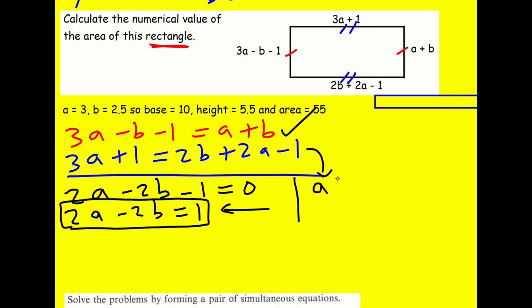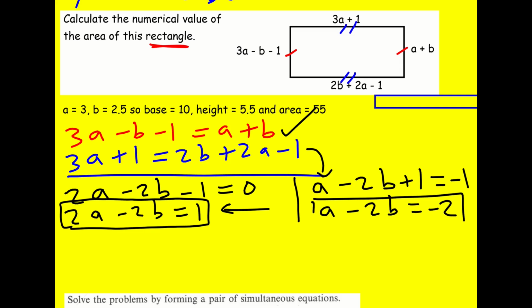So that's going to give me a minus 2b plus 1 equals minus 1. To finish this off, I'm going to write a minus 2b equals minus 2. I've subtracted 1 from both sides, and again I've got it into this nice form.